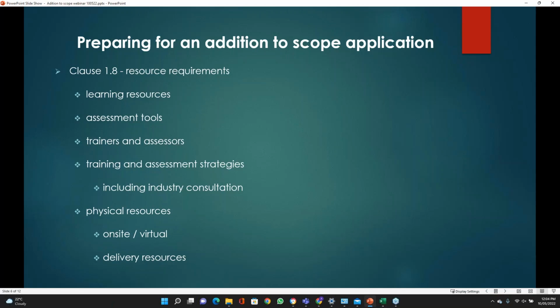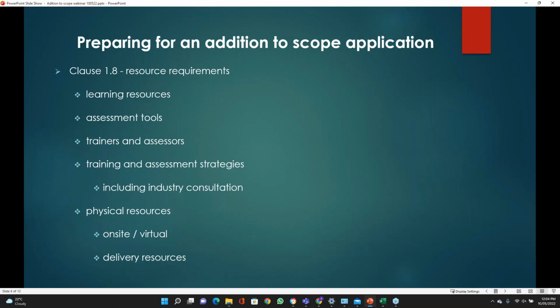You need to make sure that your training and assessment strategy has been developed, is correct, and also outlines exactly how you're going to be delivering the training product or training products that you are applying to have added to your scope.